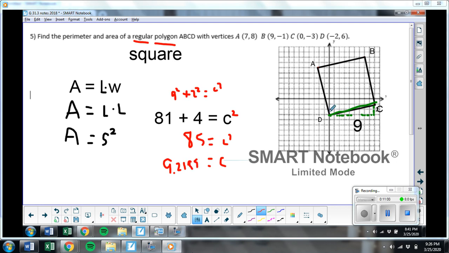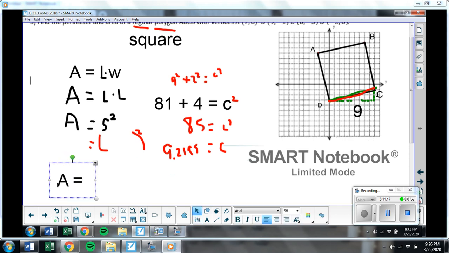So take that number and square it. I wouldn't round, I've just taken it in my calculator, square it, and you get exactly 85 units squared.